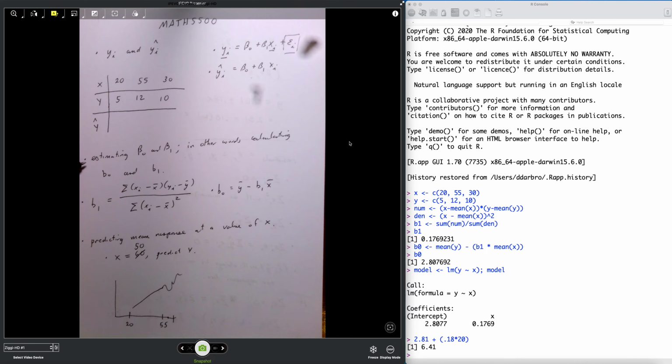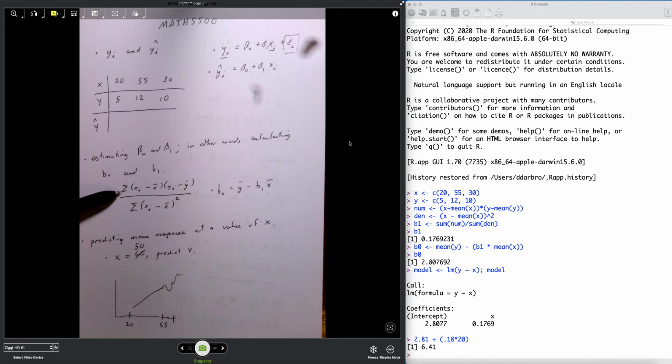Now, in estimating beta 0 and beta 1, in other words, calculating b0 and b1, there's an approach that I don't think I've provided previously, which is a little strange because if I was on a deserted island without technology and had to calculate beta 0 and beta 1, it's kind of goofy, but I would use this estimate for finding beta 1.